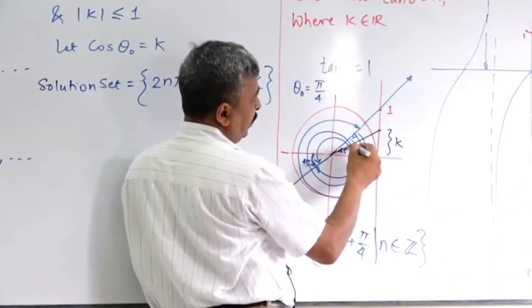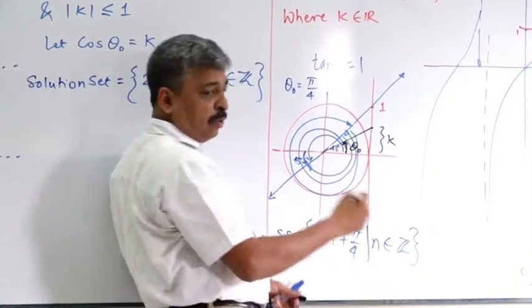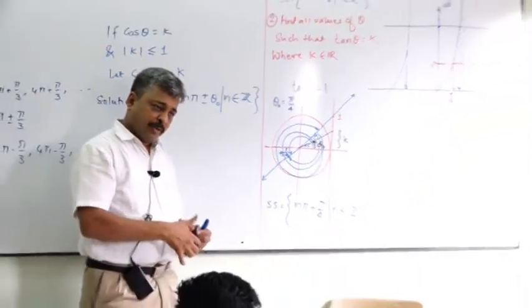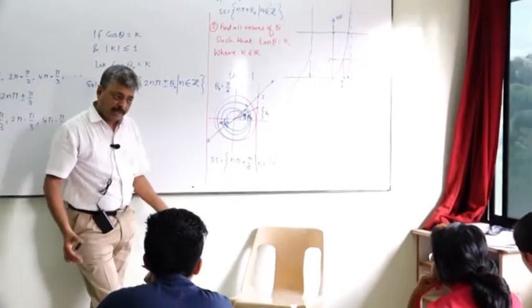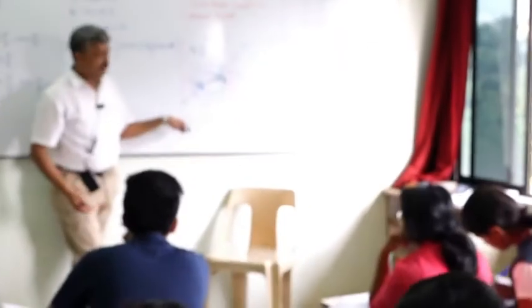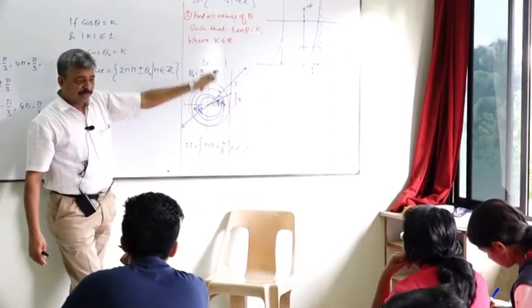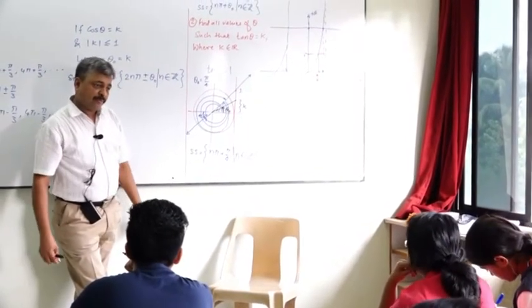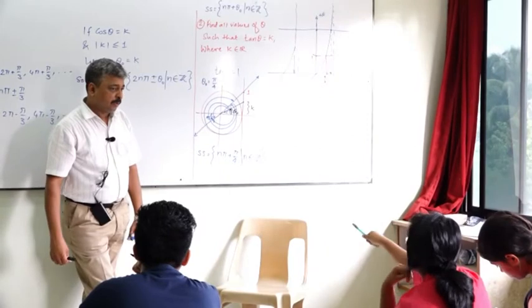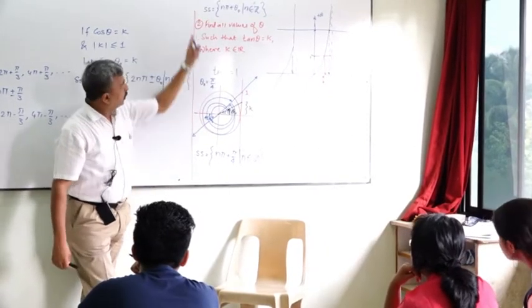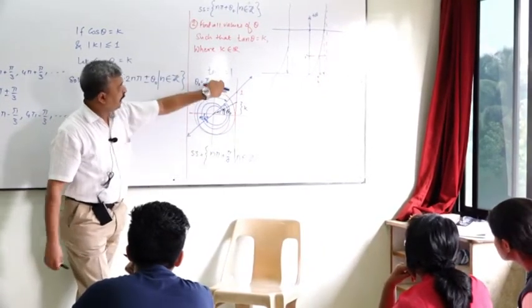We call this angle theta naught. We don't know what that is actually. So every question will have K different. Therefore, we cannot solve for different numerical values. We have to solve for general value of K. And here theta naught corresponds to pi by 4. Theta naught is equal to pi by 4 if tan theta is equal to 1.